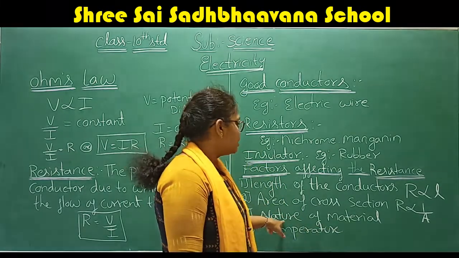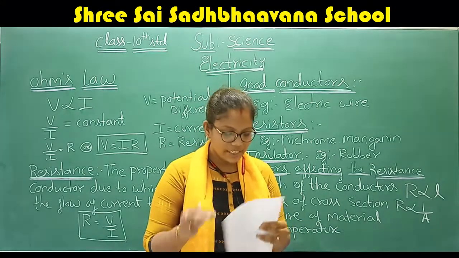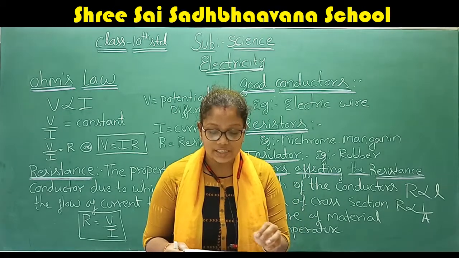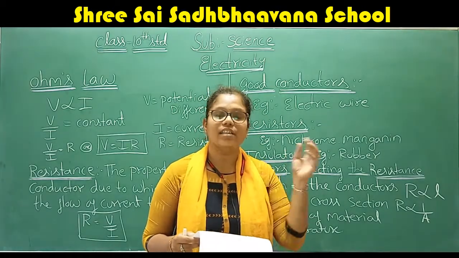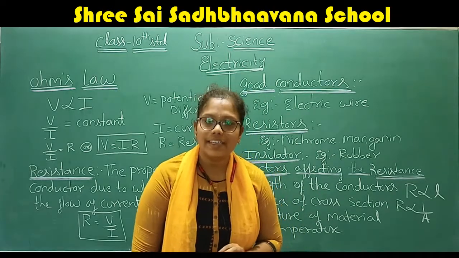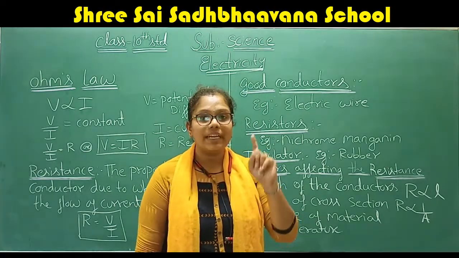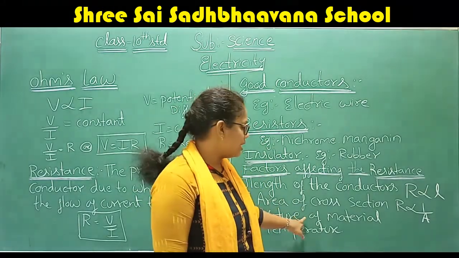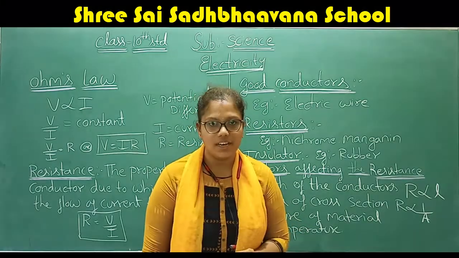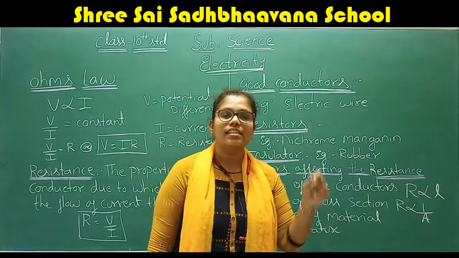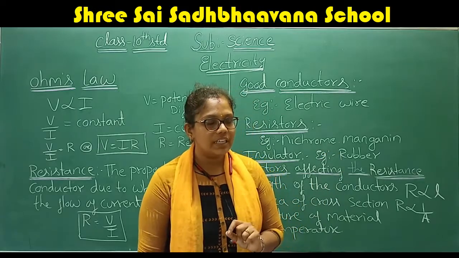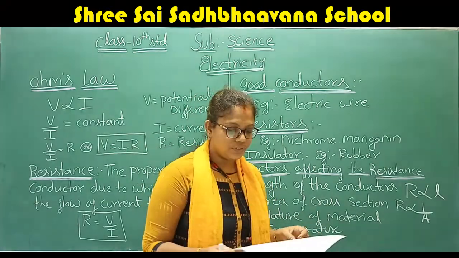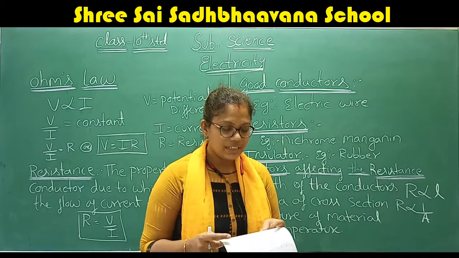The next factor is the nature of material. The electric resistance of a conductor depends upon the nature of the material of which it is made. Some materials have low resistance and some have high resistance. And the last factor is the temperature.